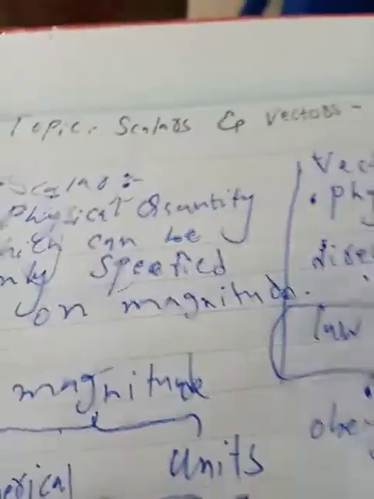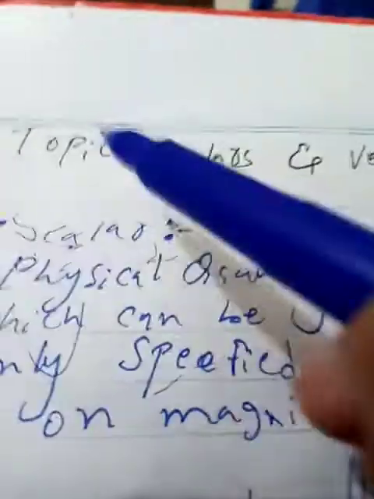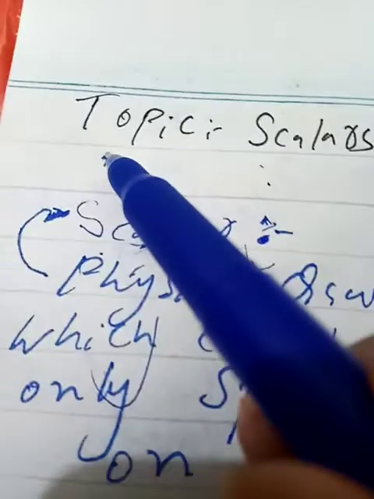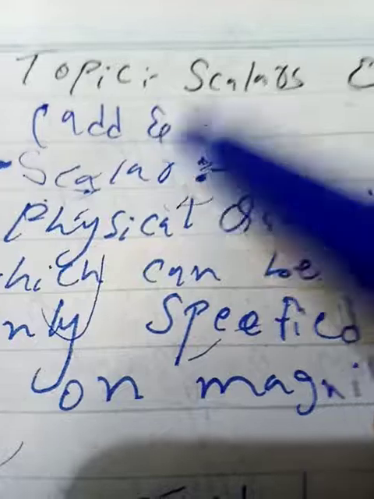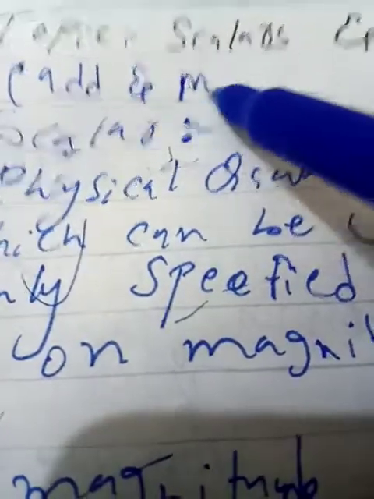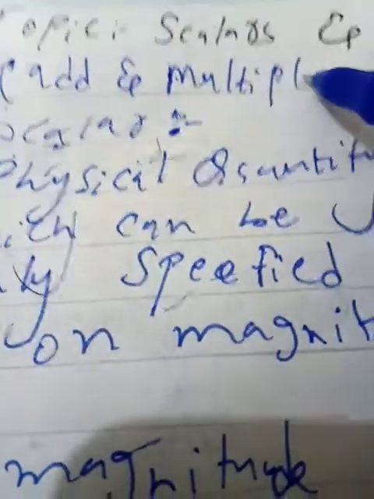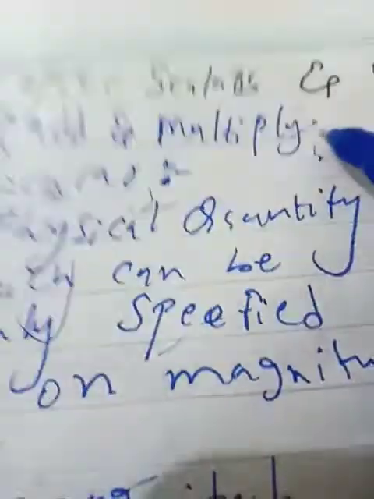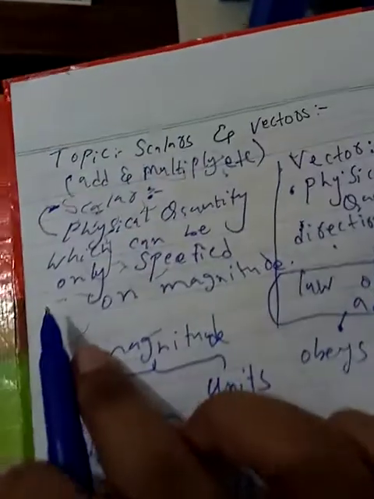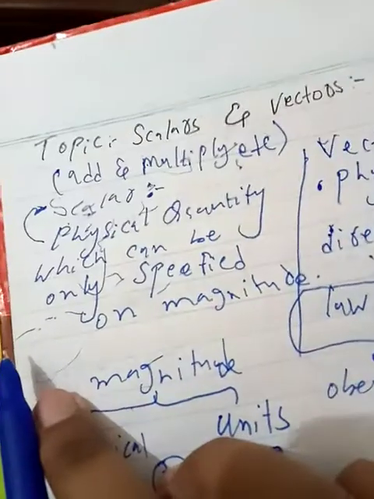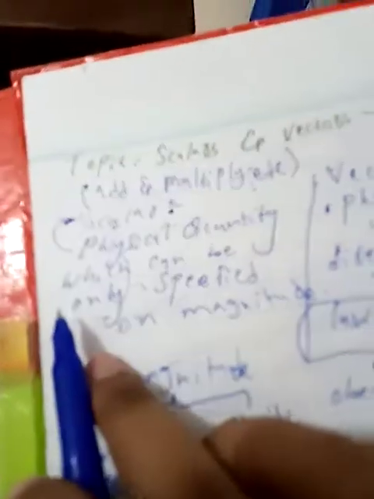First of all I am going to tell you about scalars. We can add, subtract and multiply scalars by simple algebraic rules. But what about vector quantities?